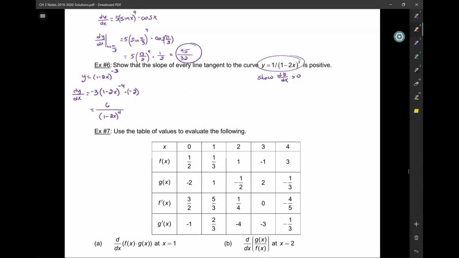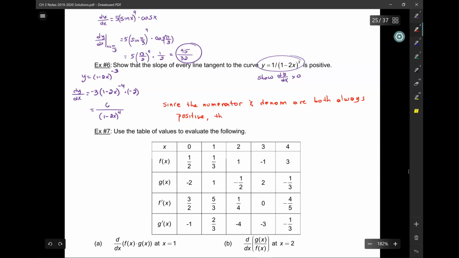Now we have to say, since the numerator and the denominator are both always positive, right? 6 is always positive. Anything to the power of 4 is always positive.